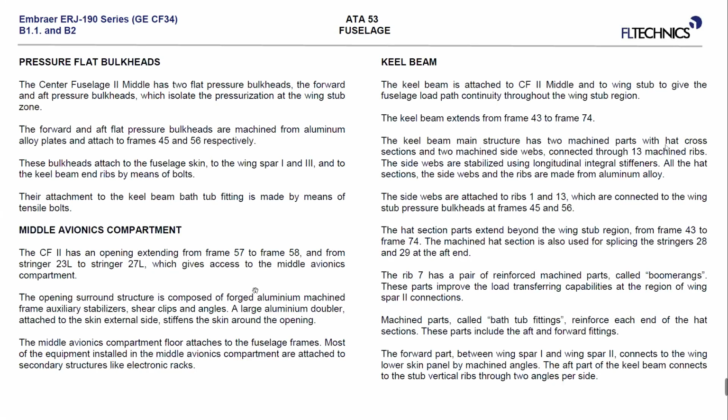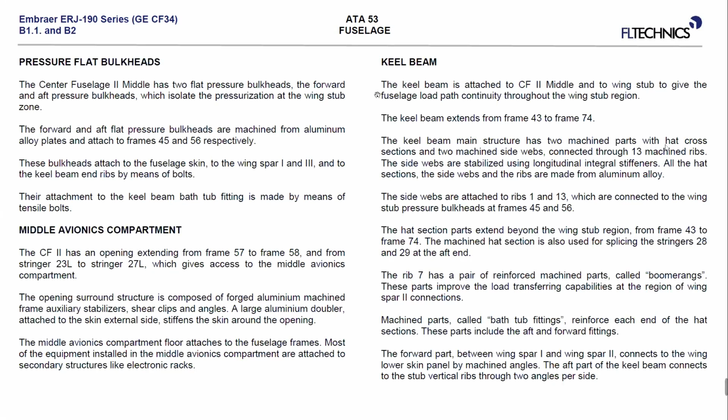It's a forged aluminum machined frame, auxiliary stabilizers, shear clips and angles. As you can see, it's not a standard structure like on the skin panels. We have one big aluminum doubler which is attached to the skin external side. Once again, we have specifics.